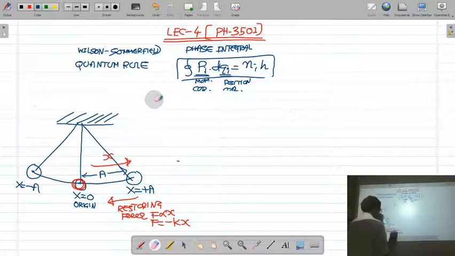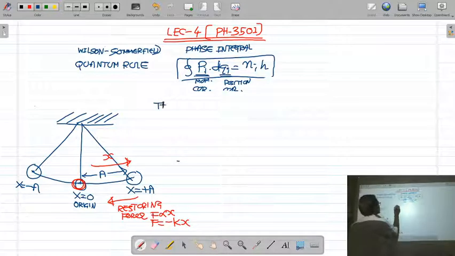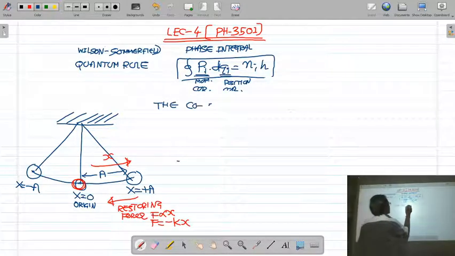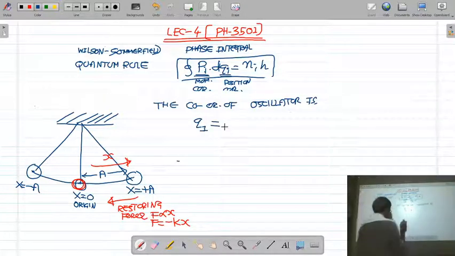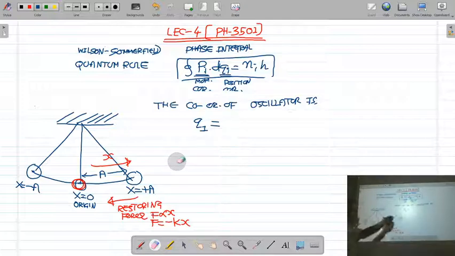The coordinates of a one-dimensional harmonic oscillator: you can see that the oscillator is oscillating in x direction.